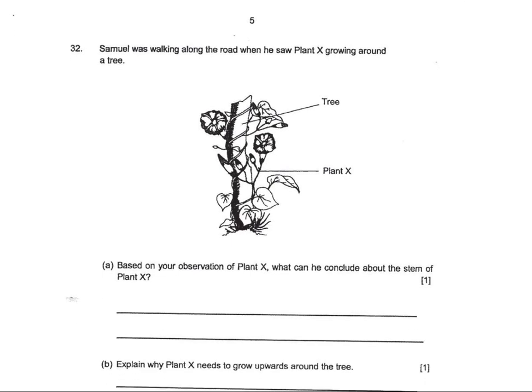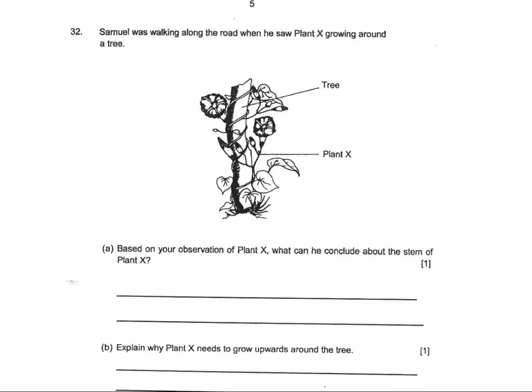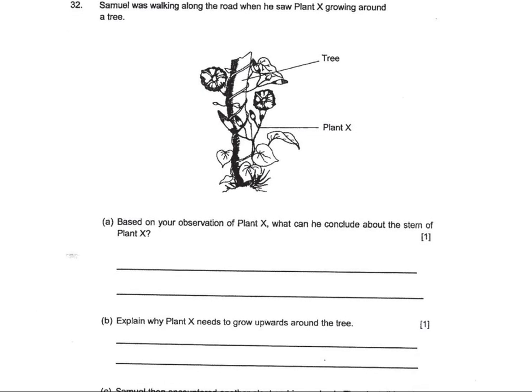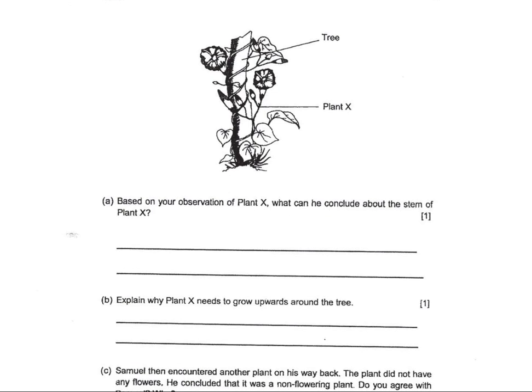Okay, question number 32. Samuel was walking along the road when he saw plant X growing around a tree. Based on observation of plant X, what can you conclude about the stem of plant X? So you can see it wraps around the tree. So it needs the tree to help the plant to grow upwards, okay?